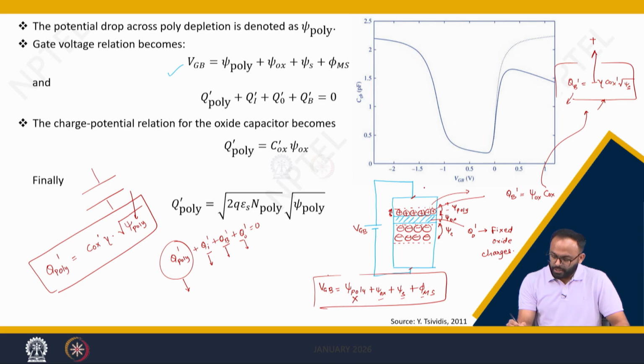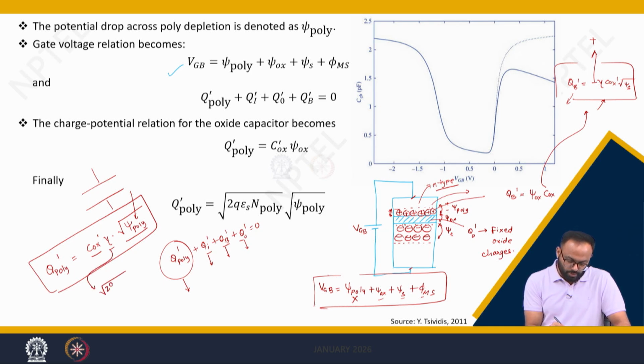However, if the poly gate is of n type, then the charges are positive. So, you can simply write COX dash into gamma into square root of psi poly. Again, gamma is the body effect coefficient, which is nothing but square root of 2 into Q into n poly into epsilon s divided by COX dash, correct.